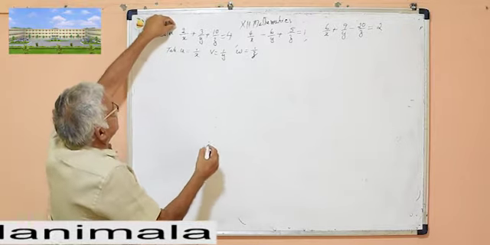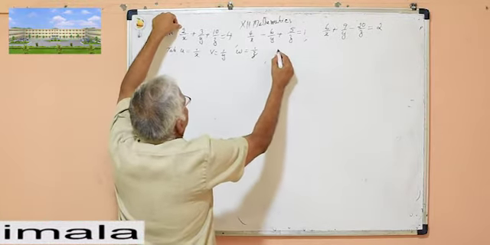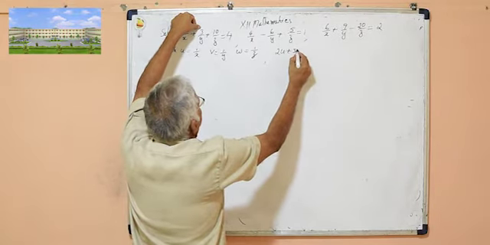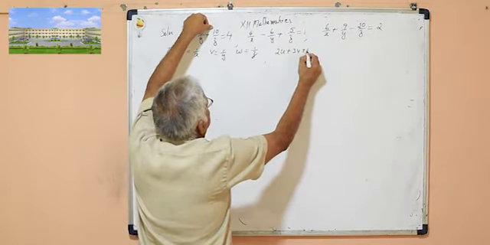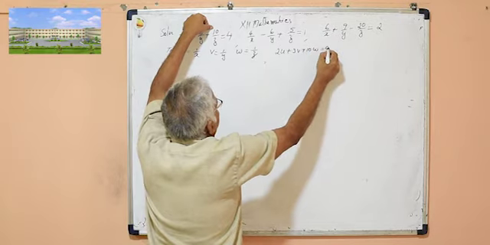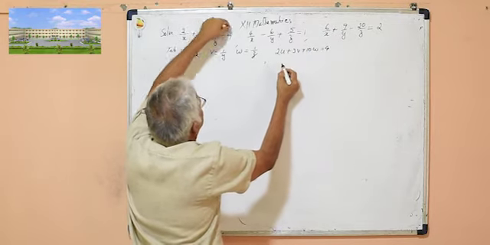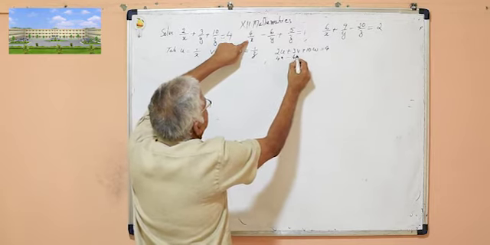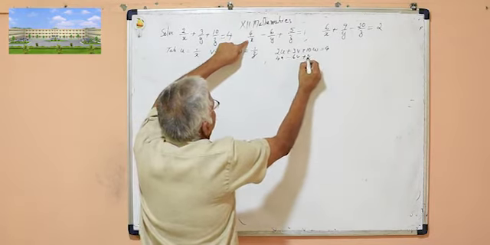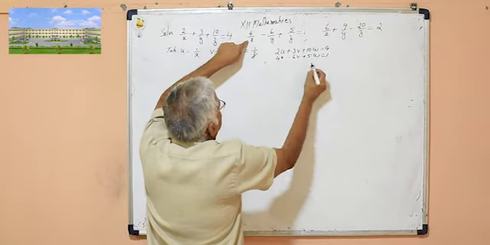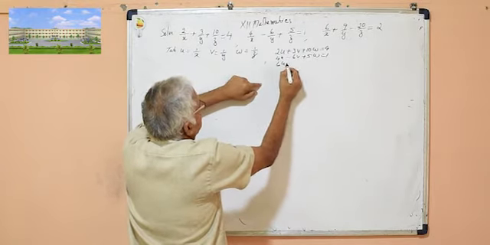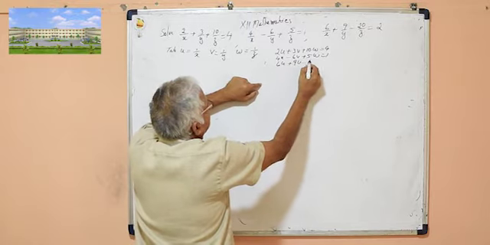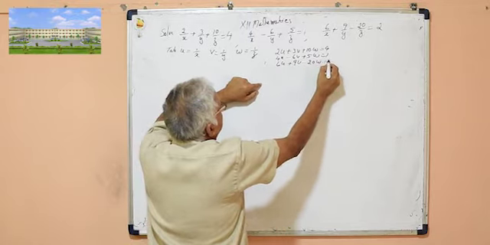Then the system of equations becomes 2u + 3v + 10w = 4, the second becomes 4u - 6v + 5w = 1, and the third 6u + 9v - 20w = 2.